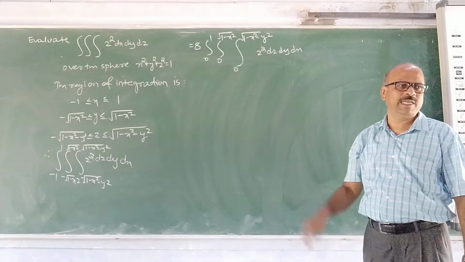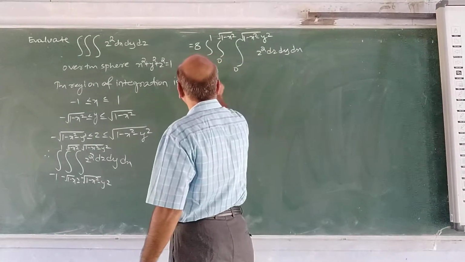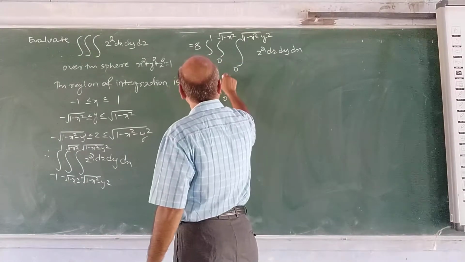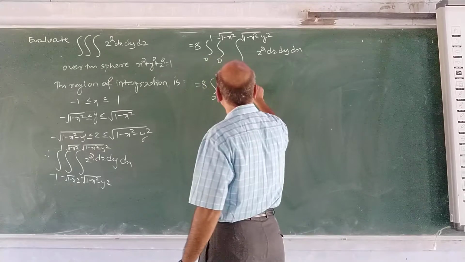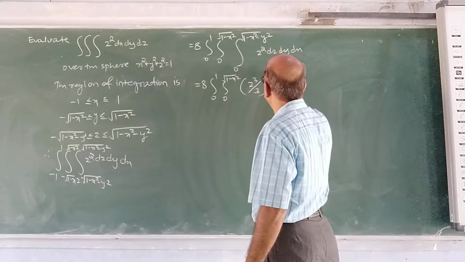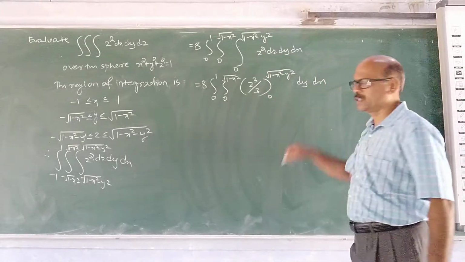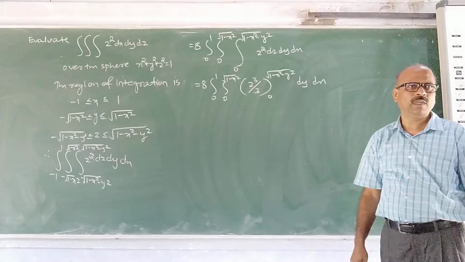Correct? So 8, 0 to 1, 0 to root 1 minus x square, z cube by 3, 0 to root 1 minus x square minus y square, dy dx.